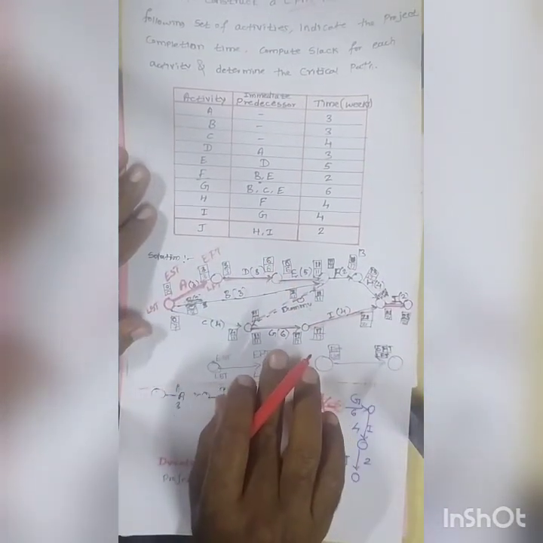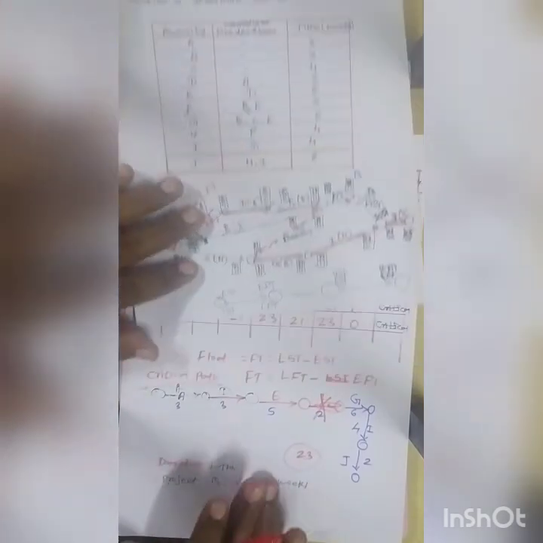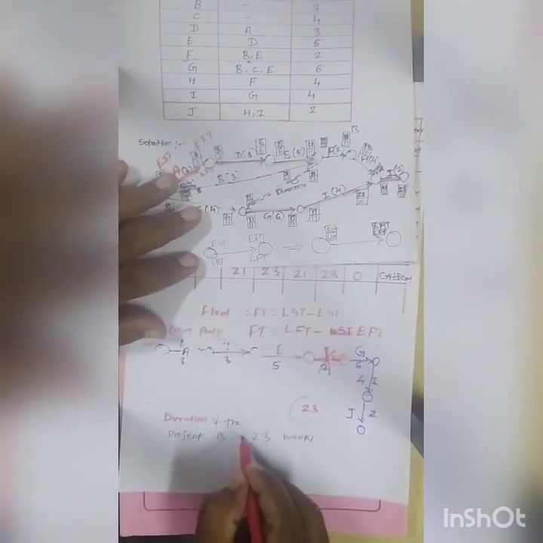Next, they asked for the duration of the project, which we have additionally calculated. The duration of the project is 23 weeks. This is an example of finding the duration of the project.